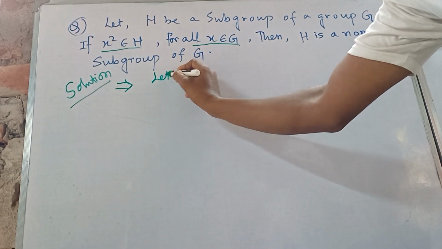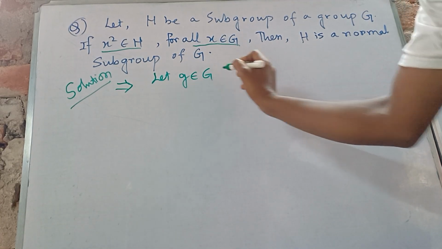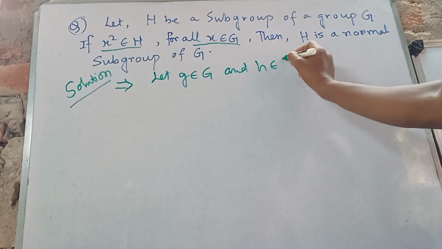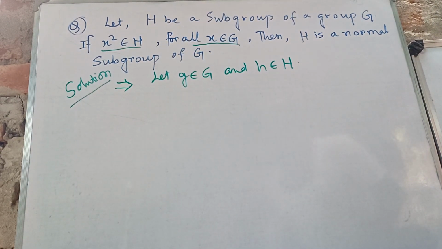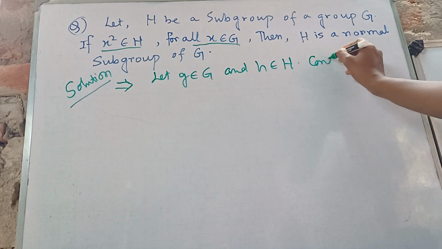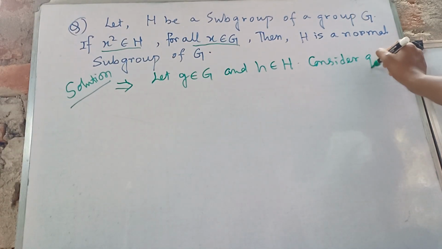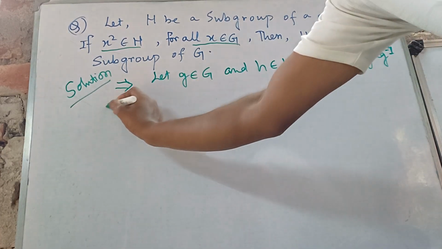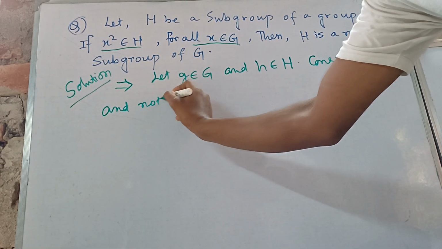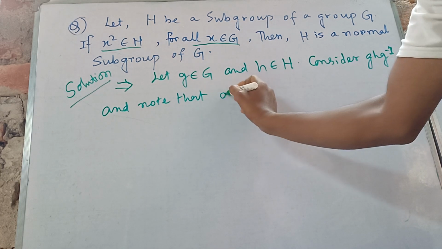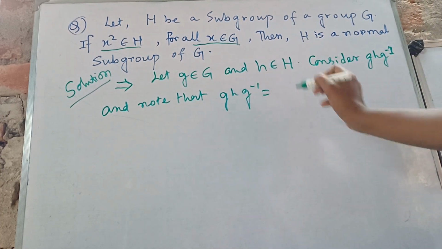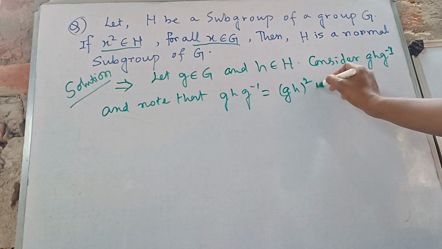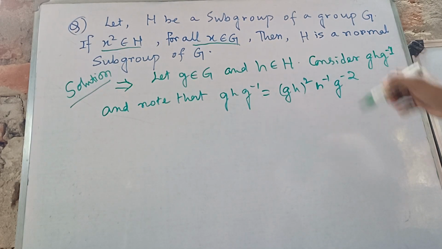Now let g belong to the group G and h belong to H, and consider g h g inverse. Note that g h g inverse equals (gh) whole square, h inverse, g to the power minus 2.